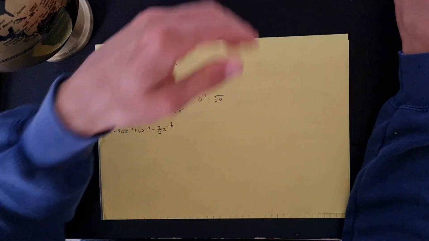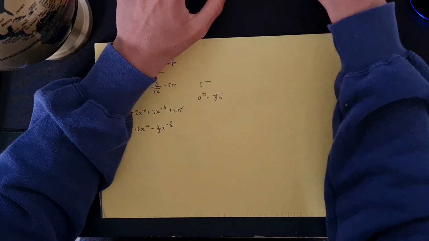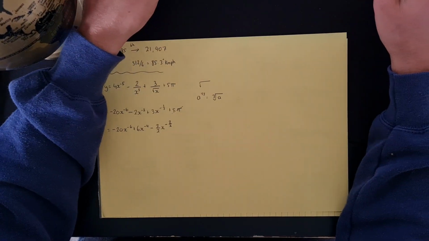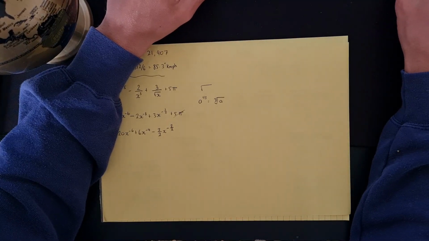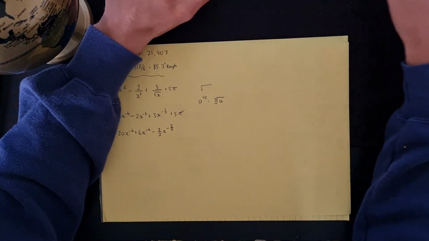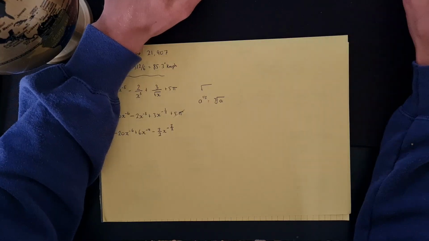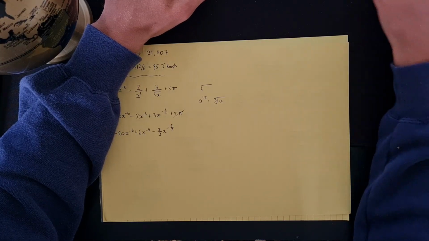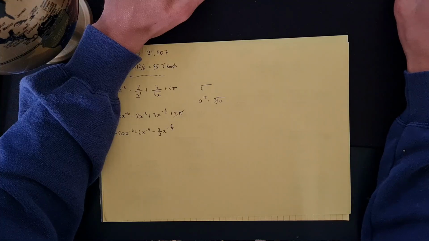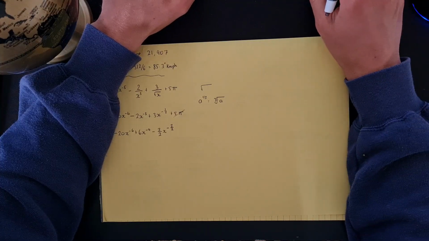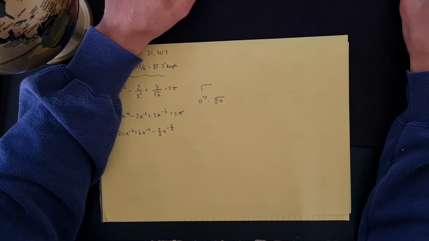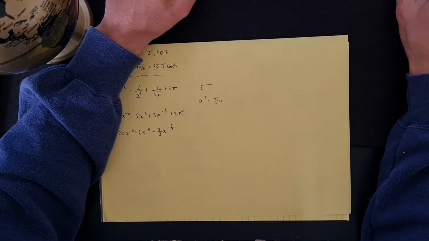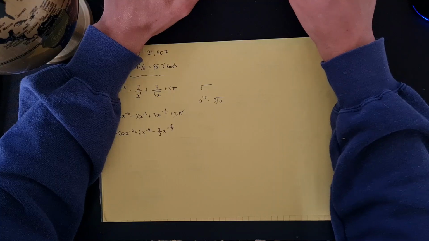So to the power of negative 6 plus 6x to the power of negative 4 minus 3 over 2, oops, minus 3 over 2 x to the power of negative 3 over 2.